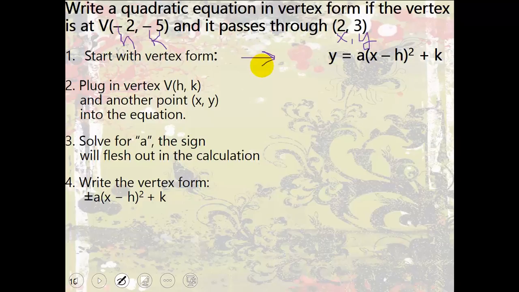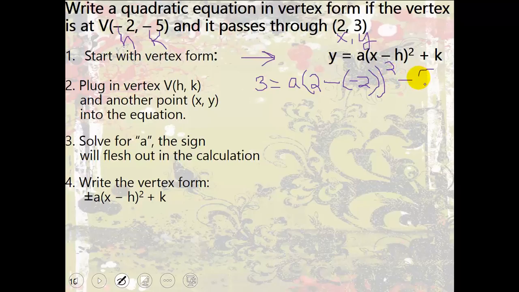Then I'm going to plug in. y is 3, so 3 equals a times x, which is 2, minus h, which is negative 2. So 2 minus negative 2, I'm going to square that, and then minus 5.